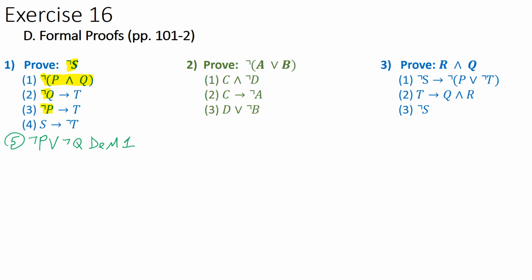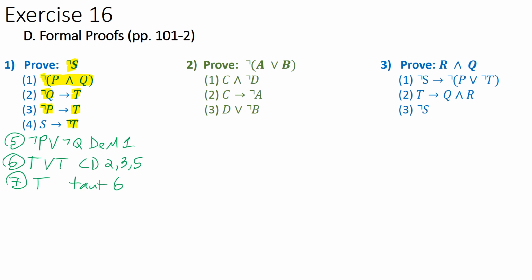And so we'll get T, or we'll get T. So for line 6, we can say T or T by our constructive dilemma, lines 2, 3, and 5. But if we have T or T, that means T must in fact be the case. Hence for line 7, we'll say T by our tautology, line 6.